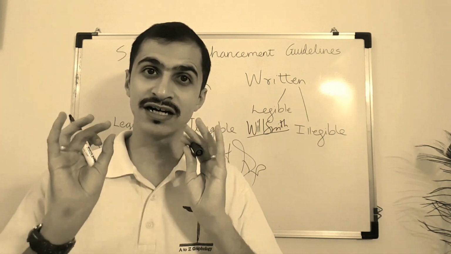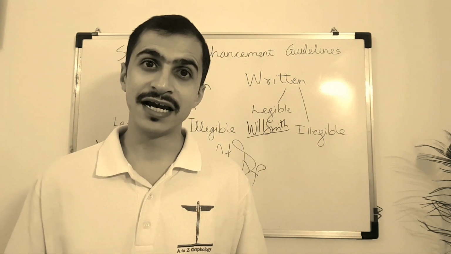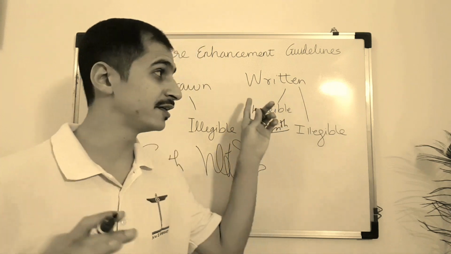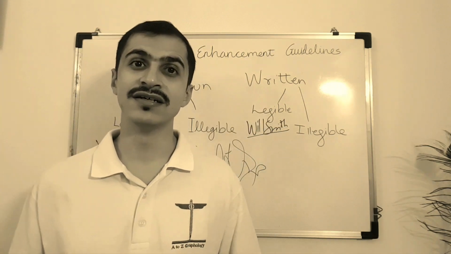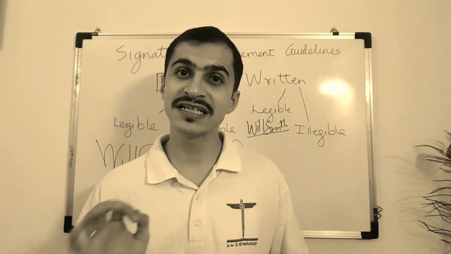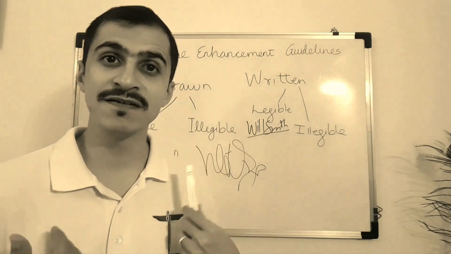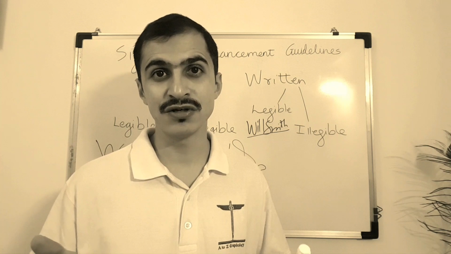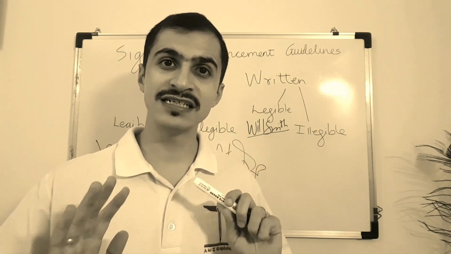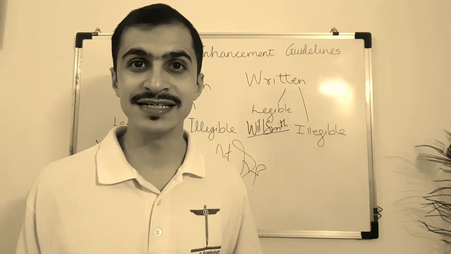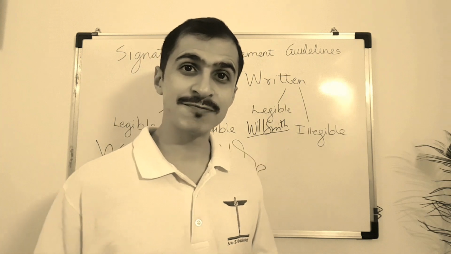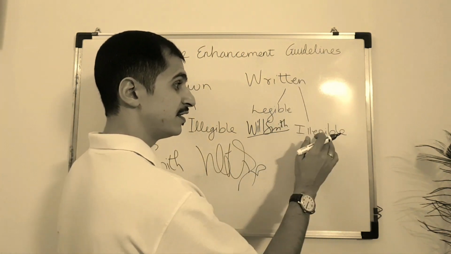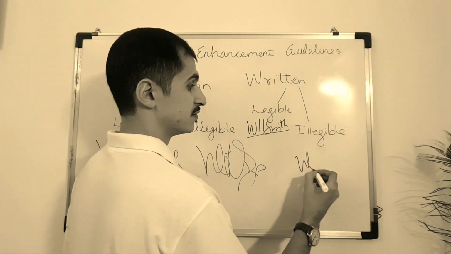And if the letters are clearly visible and it's written, that means it's a written legible signature. This is where the person has got the maximum advantage of representing himself on the paper. There are no masks to hide under, there's nothing to cover up, and the person is just freely expressing himself the way he is. Now coming to the next point, where you have a written illegible signature.